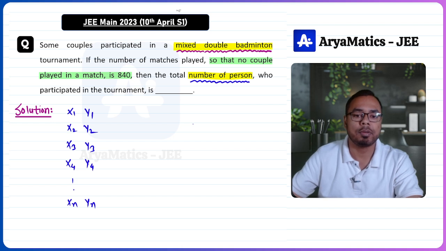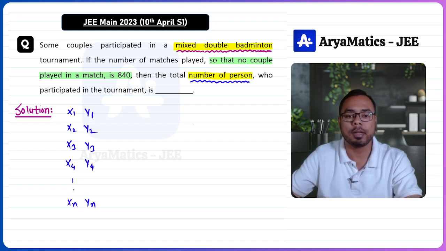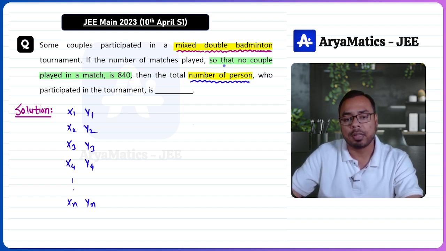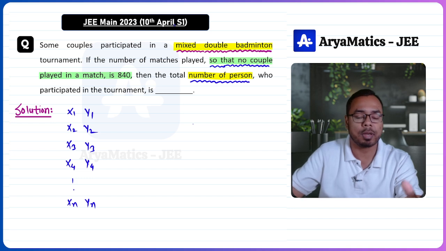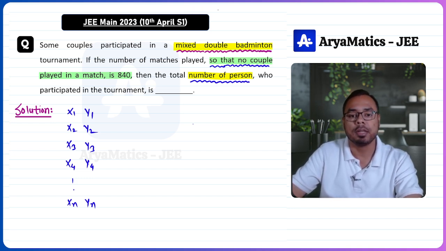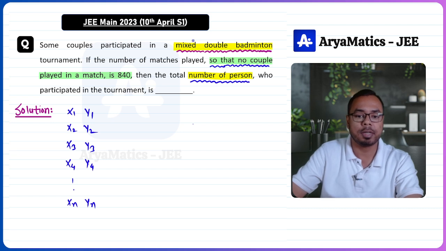Now see here, if no couples are participating in a match, then in every match you'll have four players, and all those four players will be from different couples. You cannot have the same couple playing in any match. And because it is mixed double, in total we need four players.